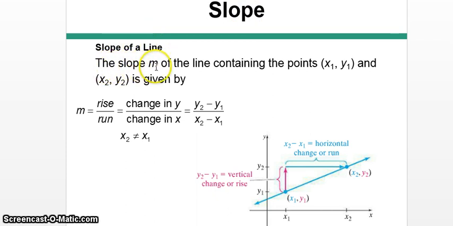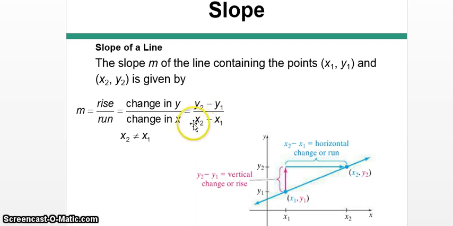The slope m of the line containing the points (x1, y1) and (x2, y2) is given by m equal to rise over run, which is equal to change in y over change in x, which is equal to (y2 minus y1) over (x2 minus x1).